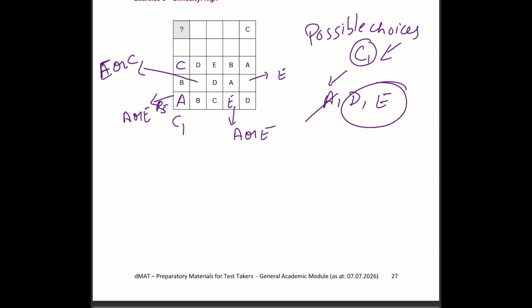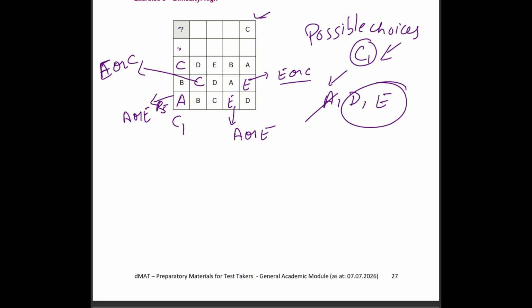So now move to here. The possible choices are E or C. C is already there in the column, we can't repeat it. So here E, here C. Nothing is repeating again in the column.